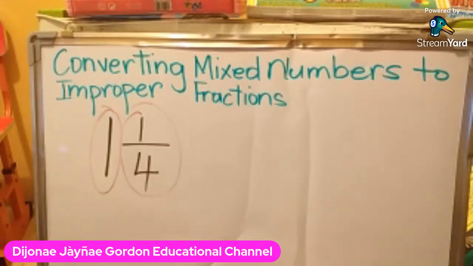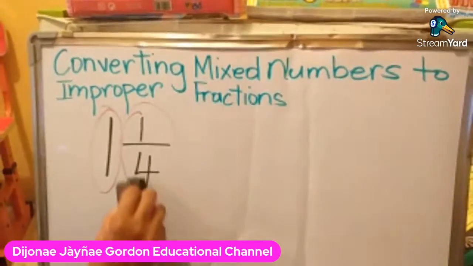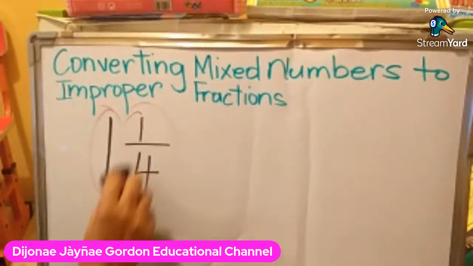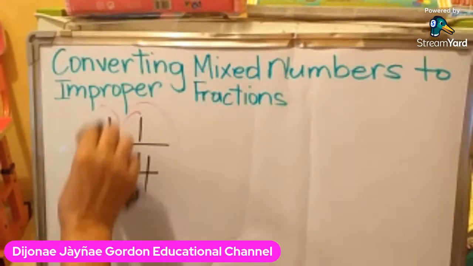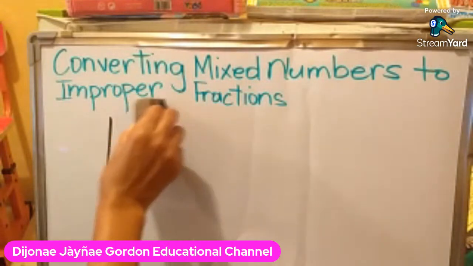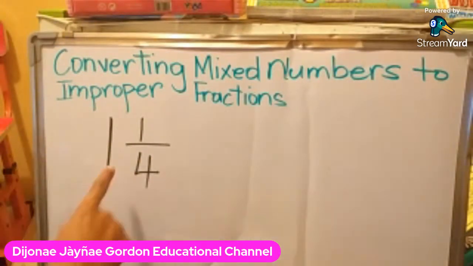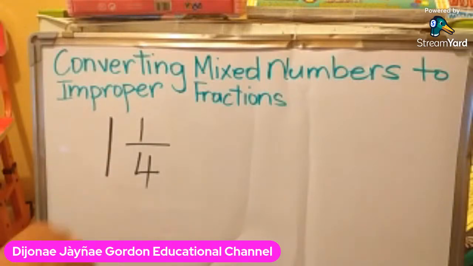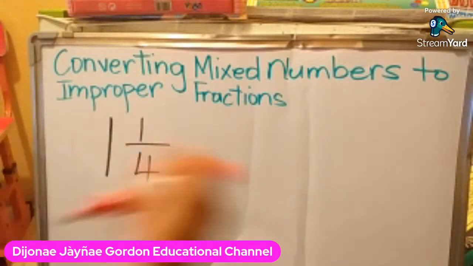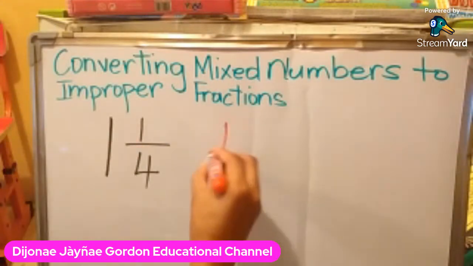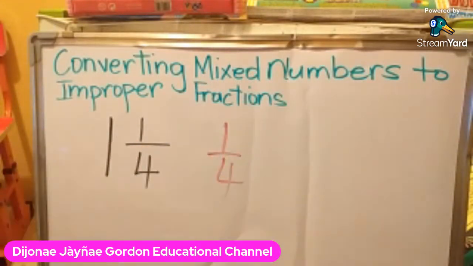we have just identified the parts of this mixed fraction, and I did say to you that a mixed number is made up of a whole number and an improper fraction. The improper fraction right here is 1/4. So why is it an improper fraction?